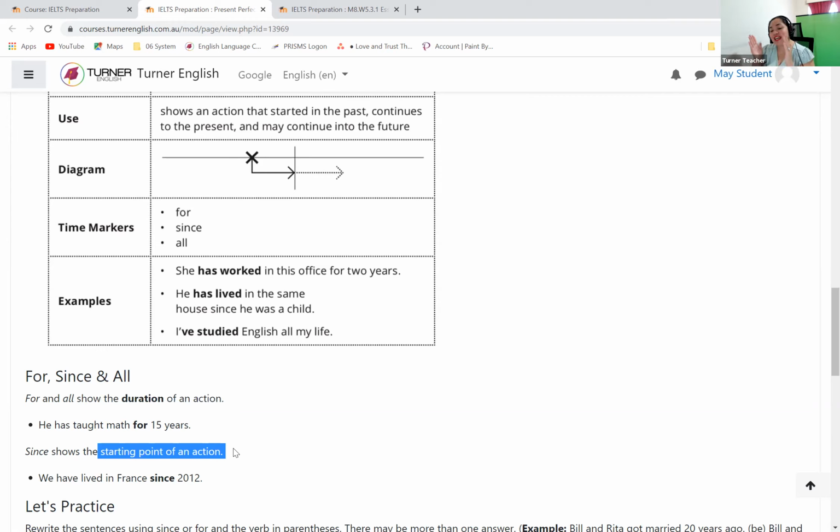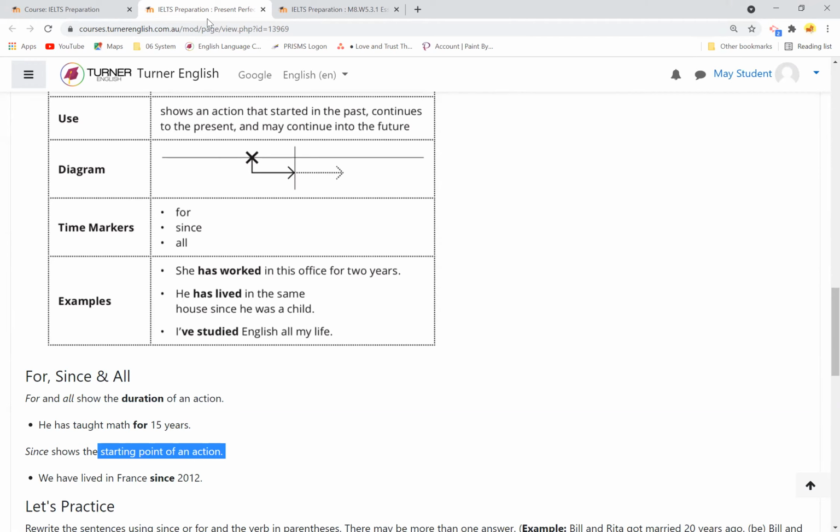We have lived in France since 2012. What is the starting point of the action? 2012. So again, for and all are used for the duration of the action, and since is used for the starting point of the action. Is that clear so far, everybody?